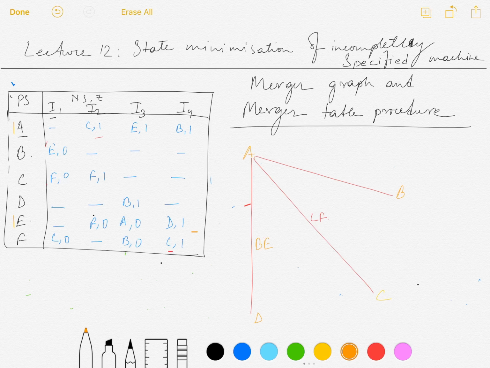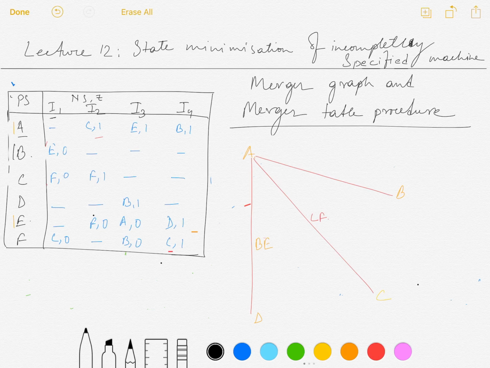For AE for input I3, the outputs are 1 1 and the next state is BE. AE will be compatible if its implied pair BE is compatible. Now, let us check the compatibility for BE. For BE the outputs for I1, I2, I3 and I4 are all the same. So, we can say that AE is also compatible.